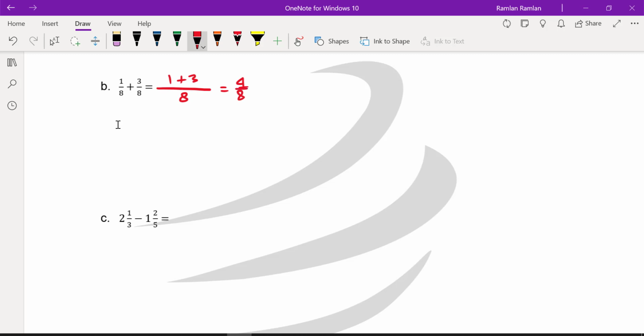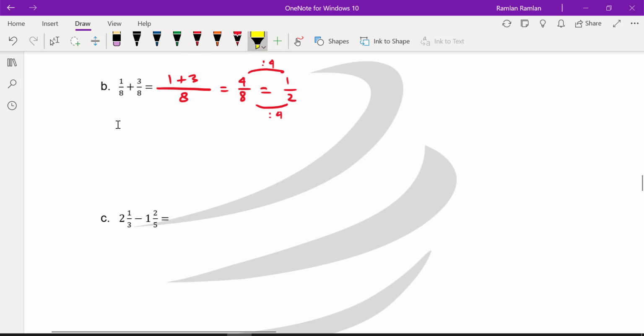But be careful, you need to write down the final answer as the simplest form of fraction. So in here, we can simplify this fraction, since both of these numbers, 4 and 8, have the highest common factor of 4. So we can divide both of them by 4. Divide this by 4, you get 1. Divide this by 4, you get 2.